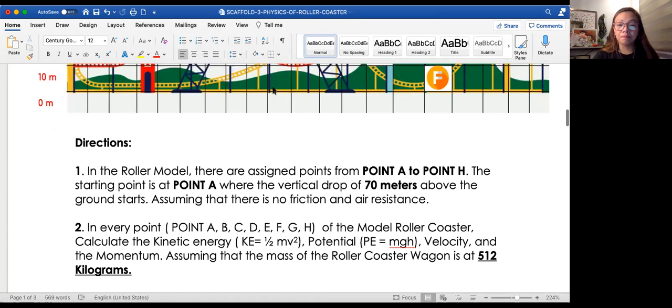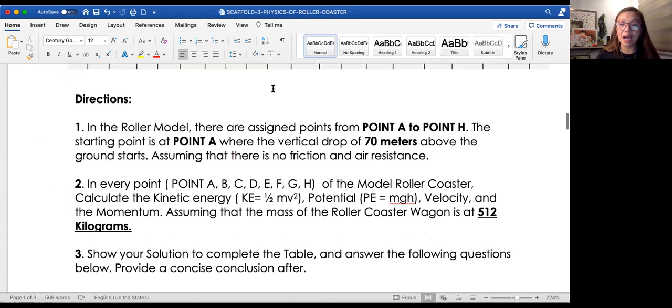Please take note that the starting point is at point A, where the vertical drop of 70 meters above the ground starts. At every point A, B, C, D, E, F, G, H, you're going to calculate the following: kinetic energy, potential energy, velocity, and momentum.